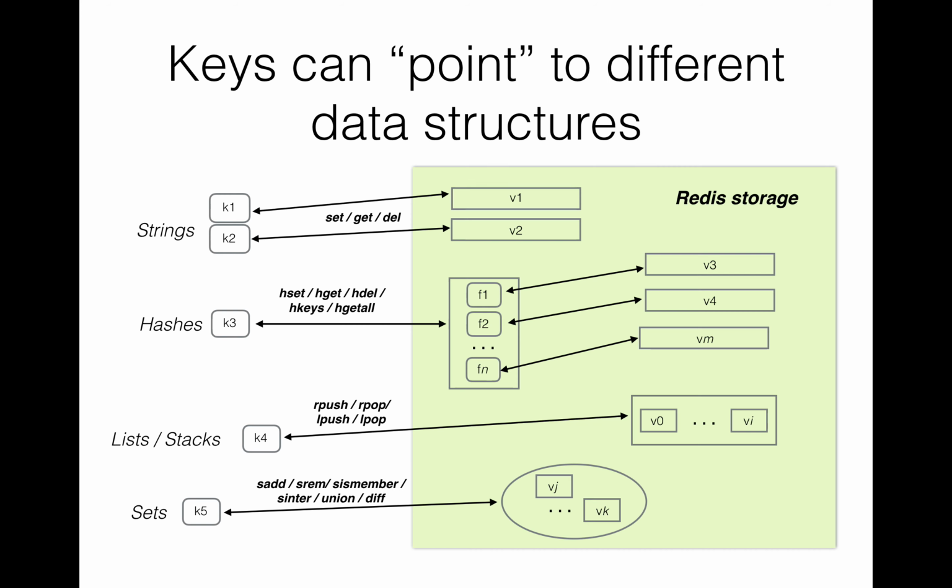We can see, for example, in this slide that if you use string commands, you associate a key like k1 or k2, which are strings, with a value, which are also strings, v1, v2. You can set a key value pair, you can get it, you can delete, you can do other things.